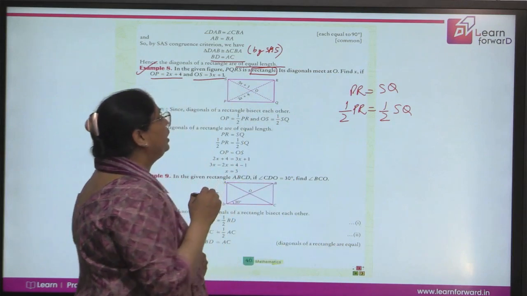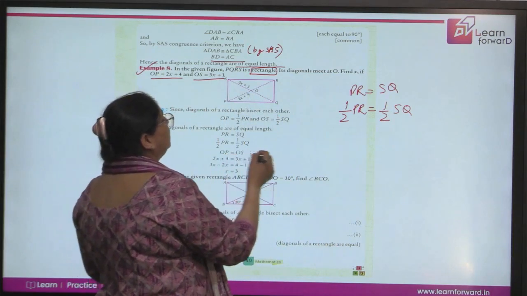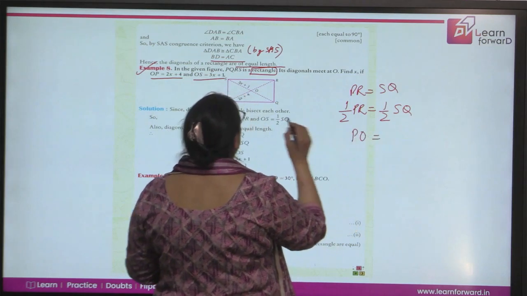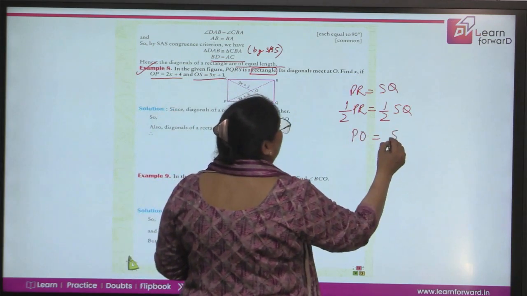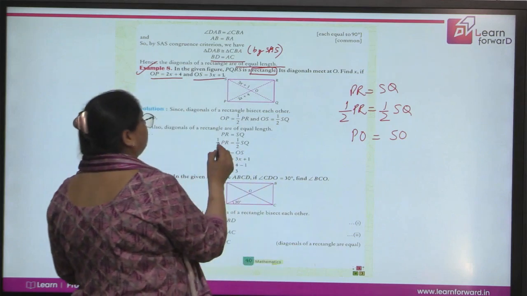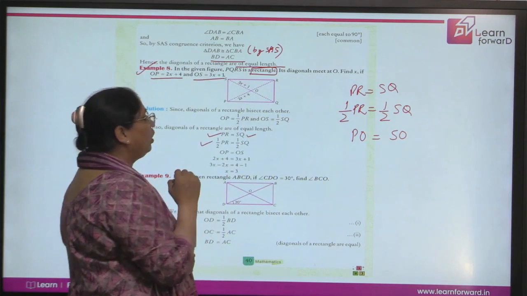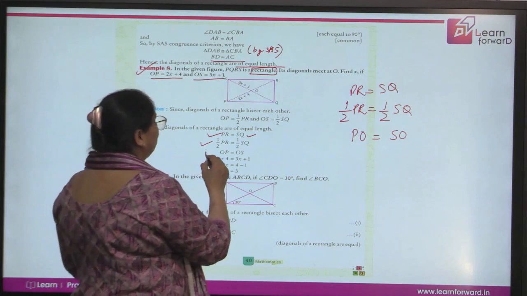Because diagonals bisect each other, half of PR is PO and half of SQ is SO. So OP is equal to OS.